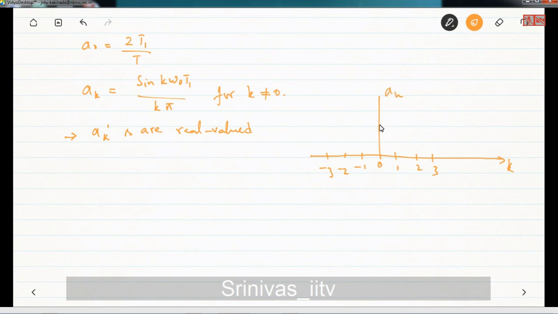So A0 is 2t1 by T, and similarly for different values of k you can find out these values. If you are given t1 and T values, you can accurately find these values and plot them down, right? So let's do this as homework for T equal to 4t1.